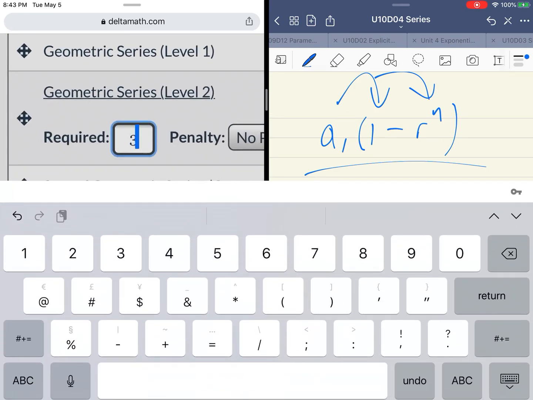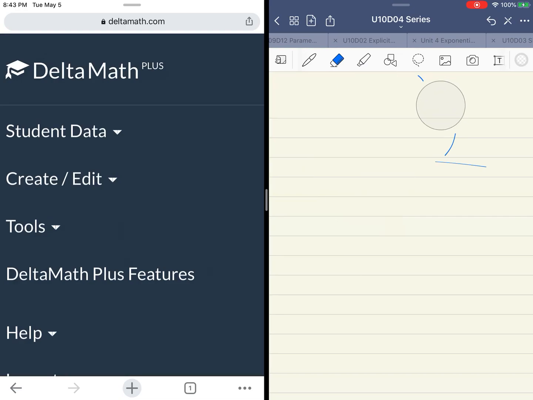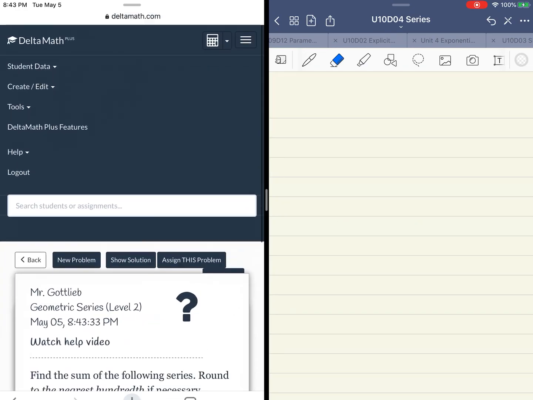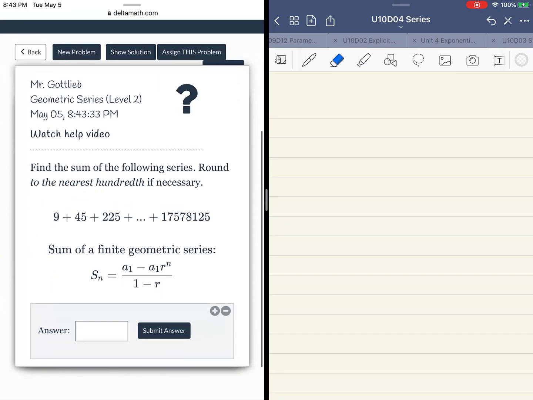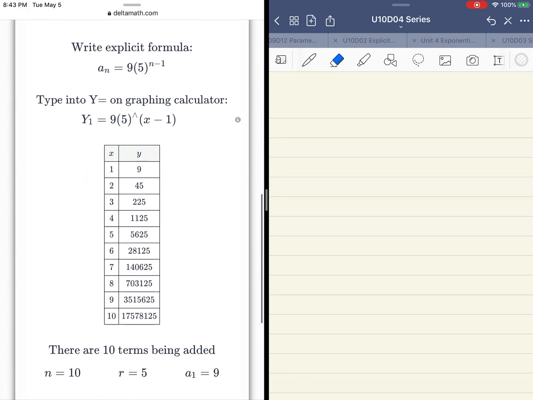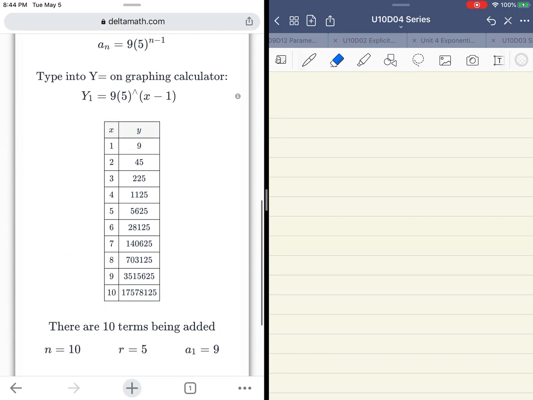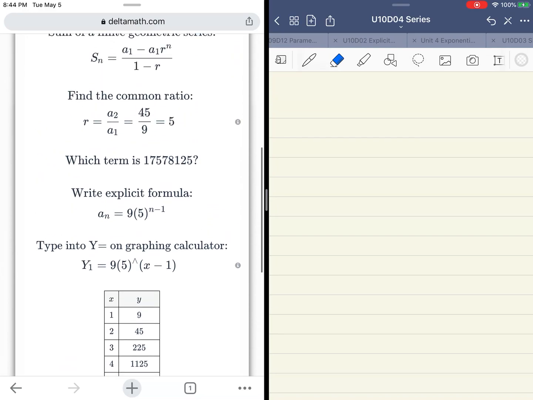That's level 1. Level 2. Let's take a look at level 2. They ask you to do the same thing, except this is actually an unknown number of terms. All right, so in this one it's calculator based.